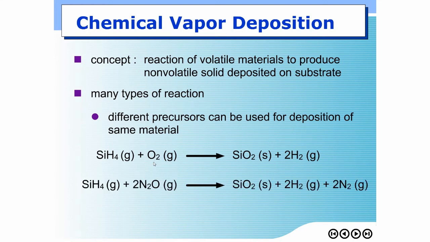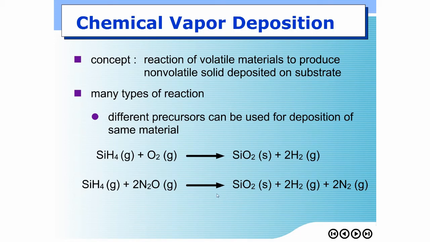Instead of using oxygen, you can use nitrous oxide like this to react with the same precursor to get the same product that you want. But of course, the byproduct would be a little bit different. Which one should you use? It depends on the conditions and on the properties of the product that you want.